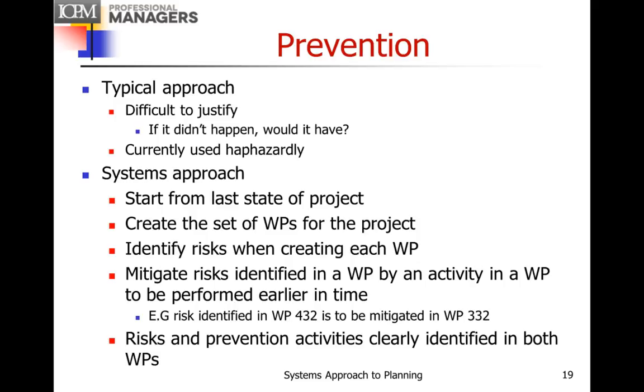So for example, a risk identified in work package 432 is going to be mitigated in work package 332. And risk and prevention activities are clearly identified in both work packages.